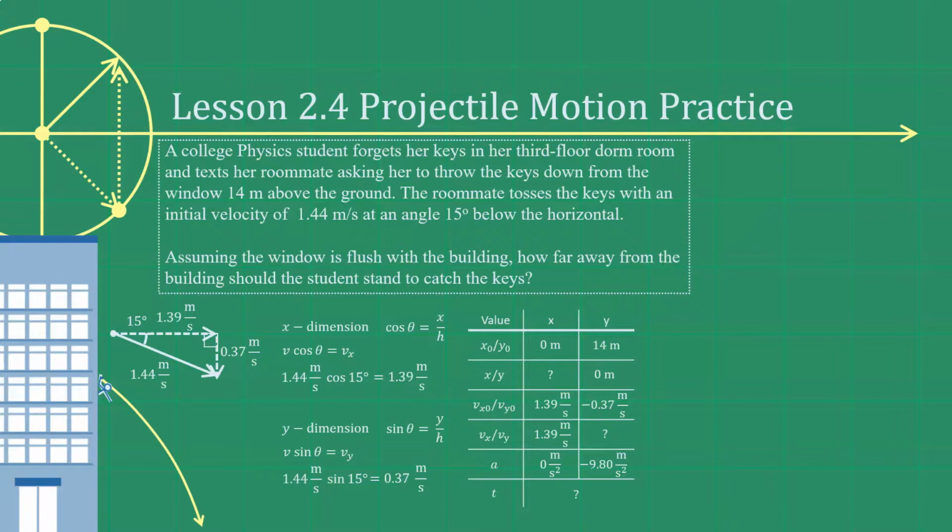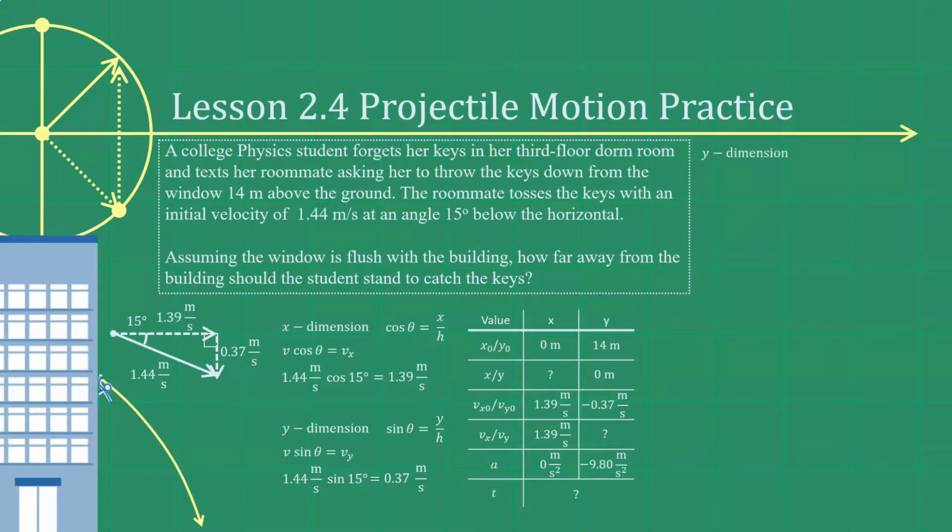But in the x dimension, if I'm trying to use my definition of velocity equation, or constant velocity, I'm not going to be able to solve that with the two unknowns that I have. If I don't know my final distance or time, that equation is still going to have two unknowns in it. So the y dimension is the logical place to start here.